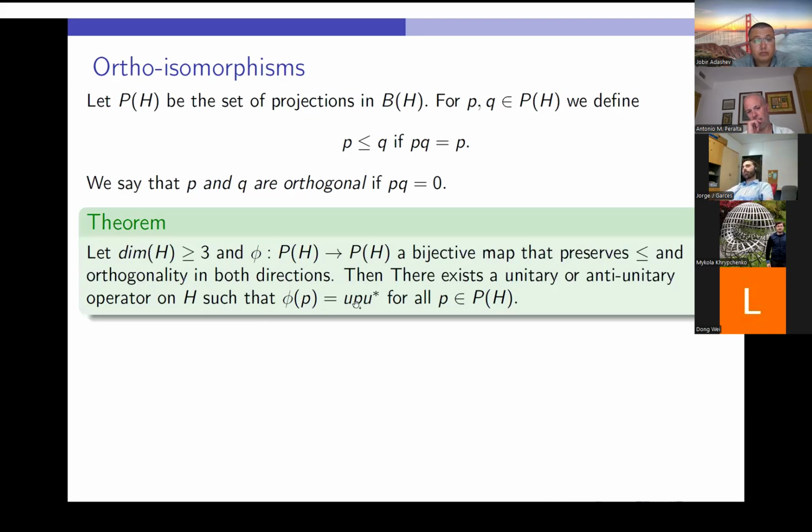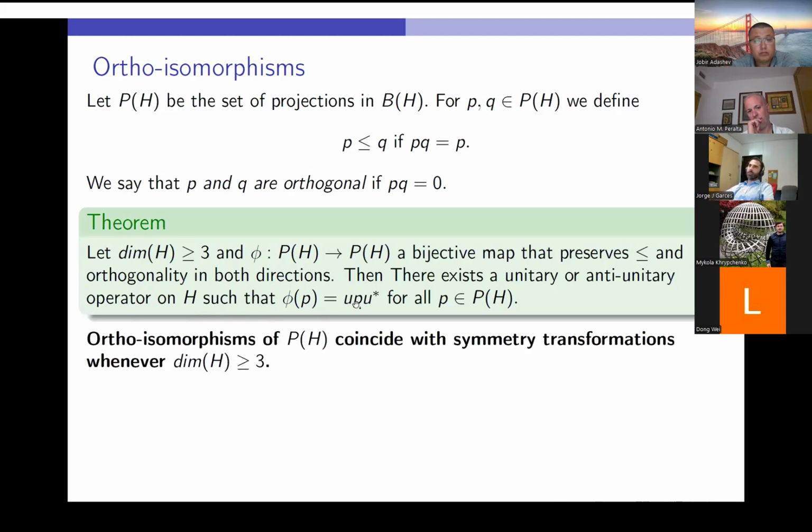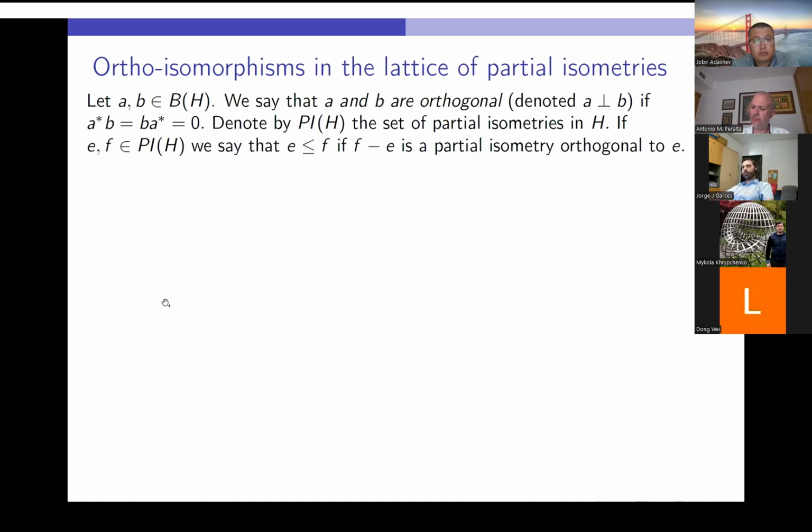Which is what we had in the previous slide. So when we have a Hilbert space of dimension greater or equal to 3, symmetry transformations coincide with these ortho-isomorphisms of the lattice of projections. Well, I'm not going to give many details now.